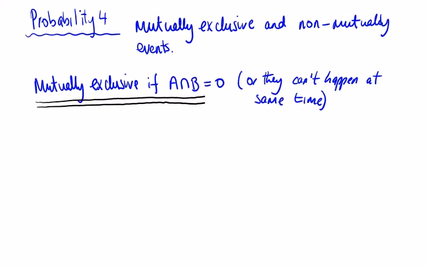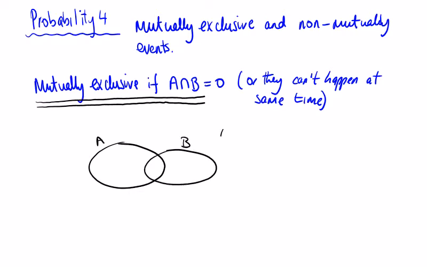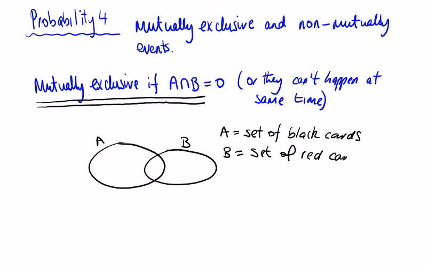If we go back to the cards, and actually we'll look at sets here. Let's look at set A and set B. If set A is the set of black cards, and set B is the set of red cards, we can see that A is in here, there's 26 in there, and B in here, there's 26 in there.